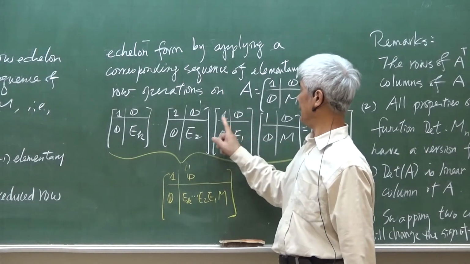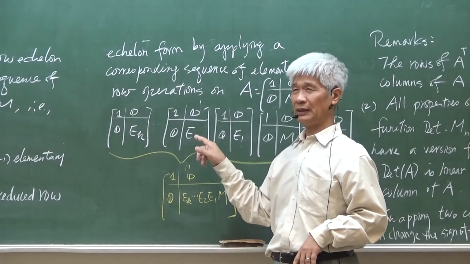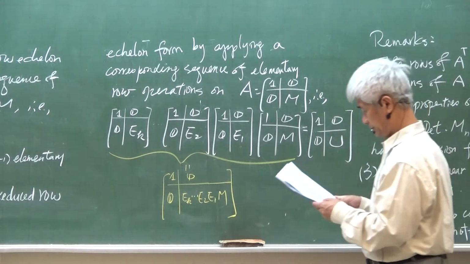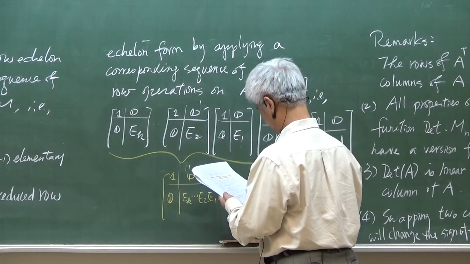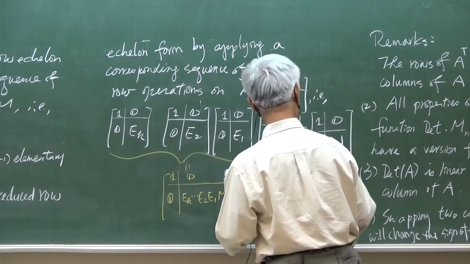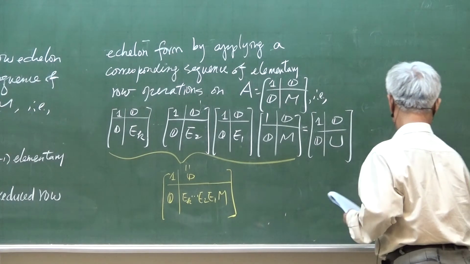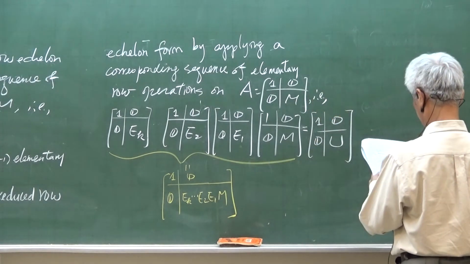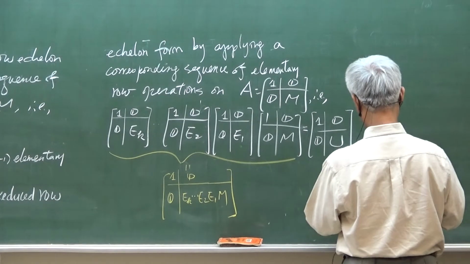They are n by n elementary matrices, when E1, E2, up to Ek are n minus 1 times n minus 1 elementary matrices.